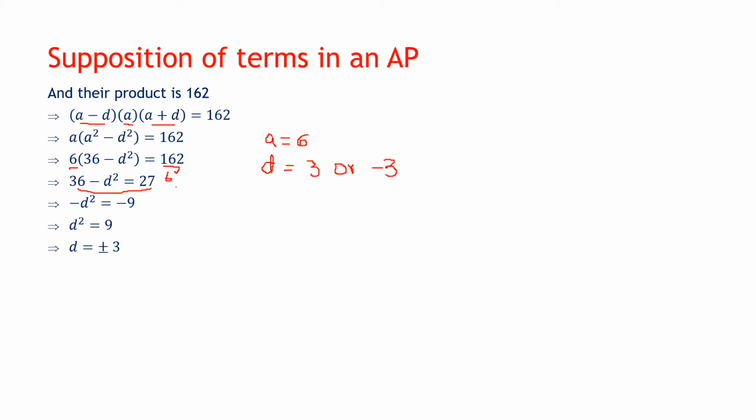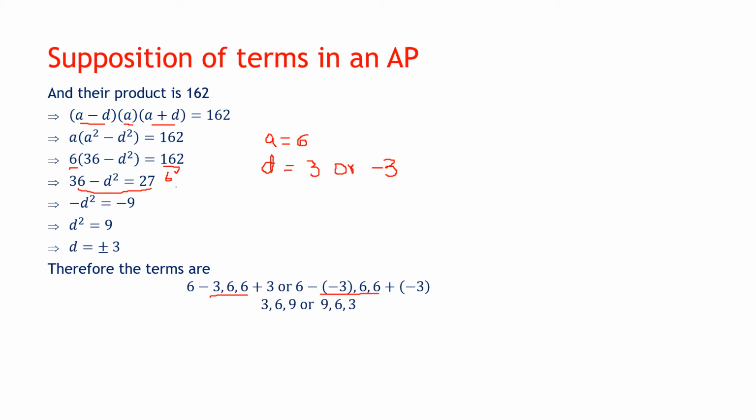So now we put the values down. The terms will become a minus d, that is 6 minus 3, 6, and 6 plus 3. Here we have put d equal to 3, and we could also put d equal to minus 3. In either case we get the sequence 3, 6, 9 or 9, 6, 3.